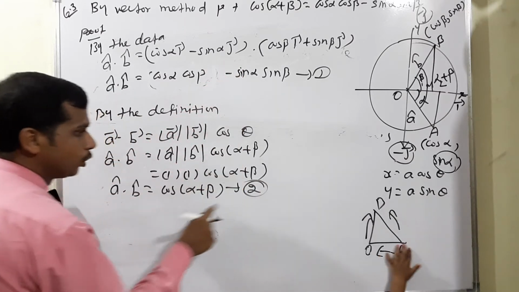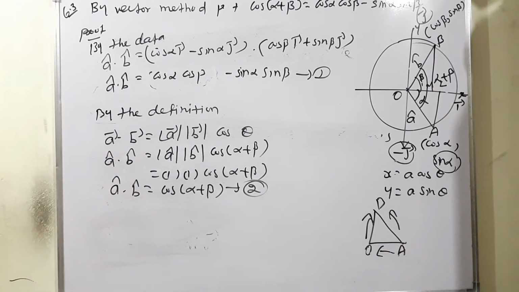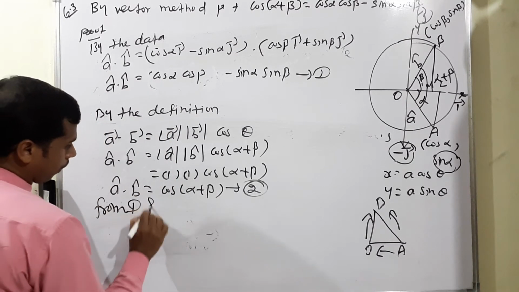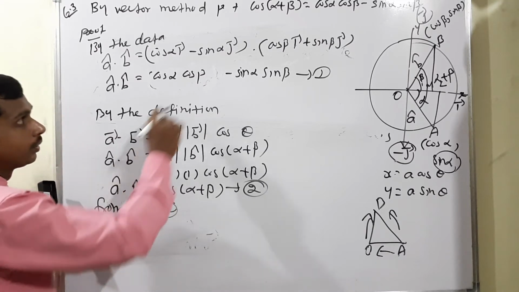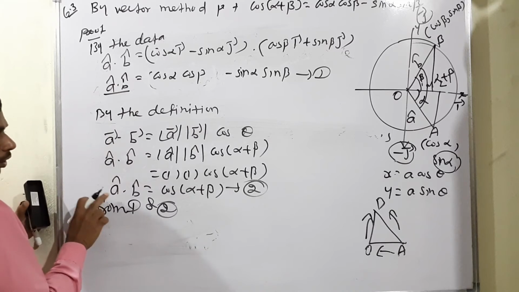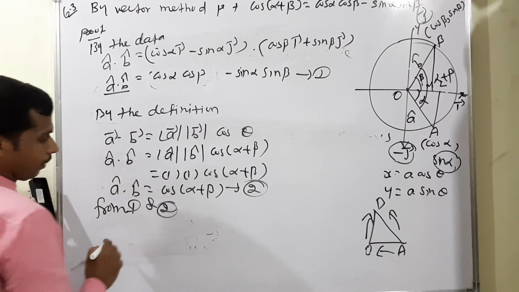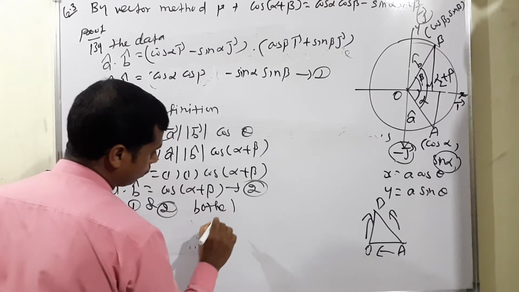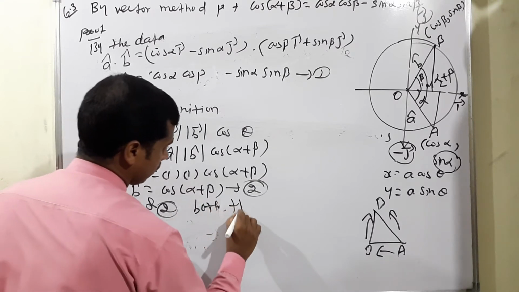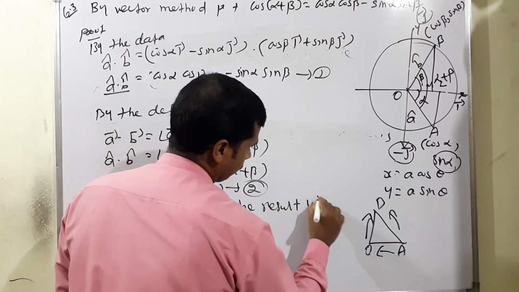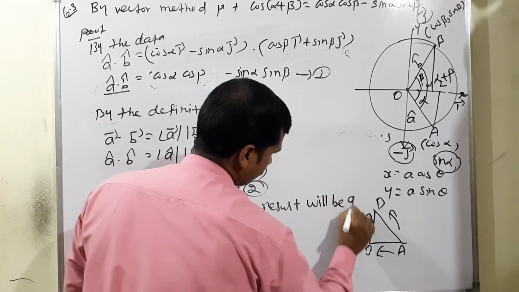Therefore from 1 and 2, both results will be equal, because the left-hand side of both equations is A cap dot B cap.